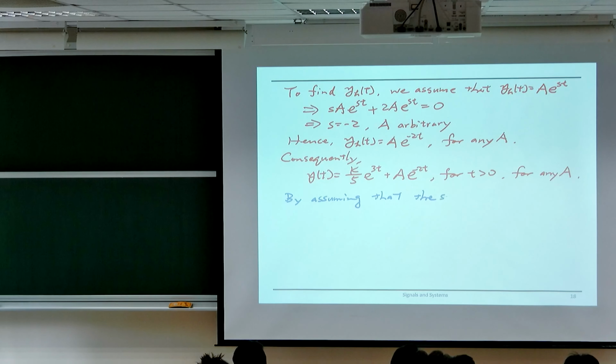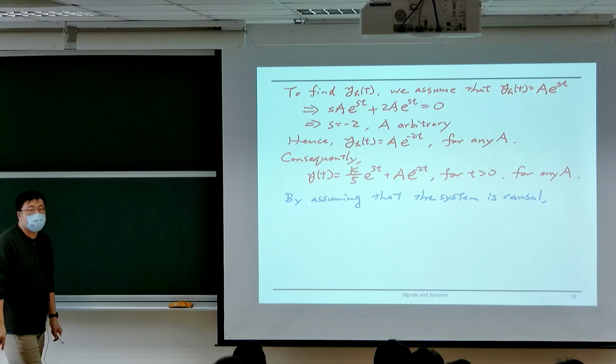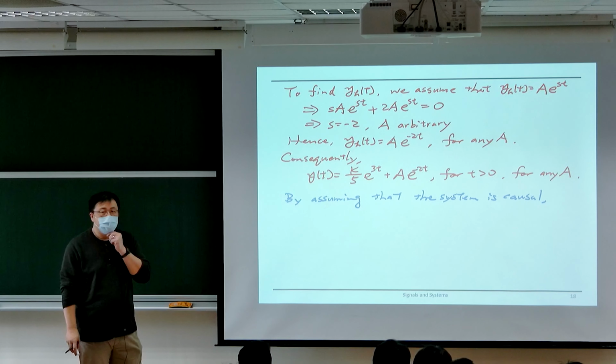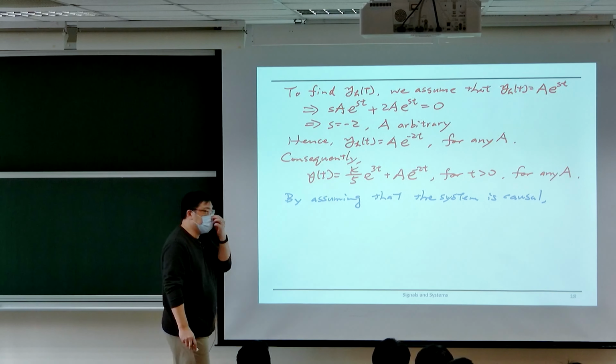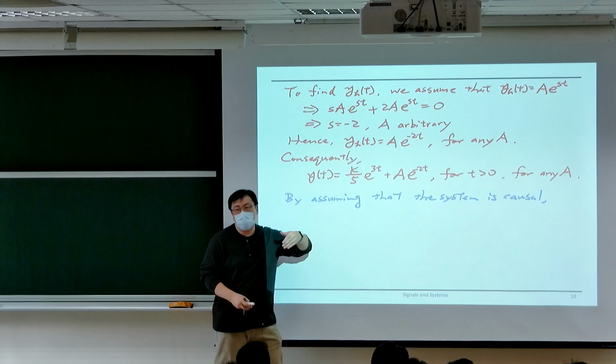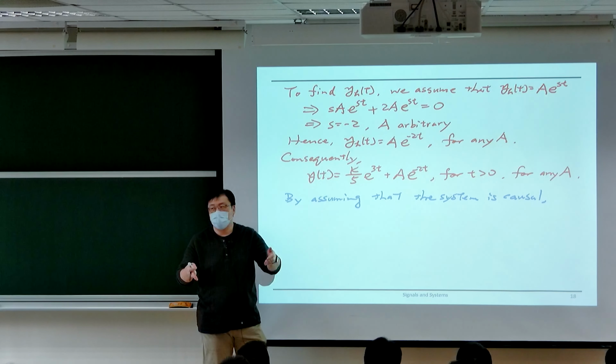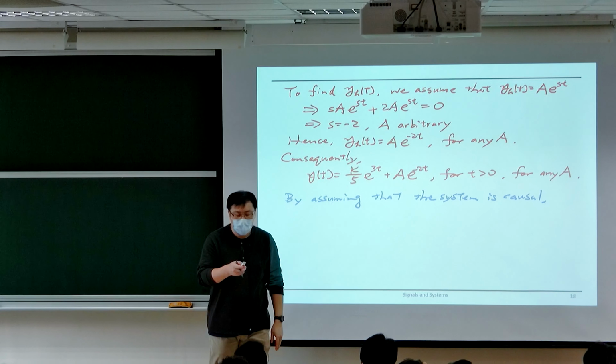What does this tell us? Now, what is a causal system? A causal system is a system that has a response only after the signal has arrived.